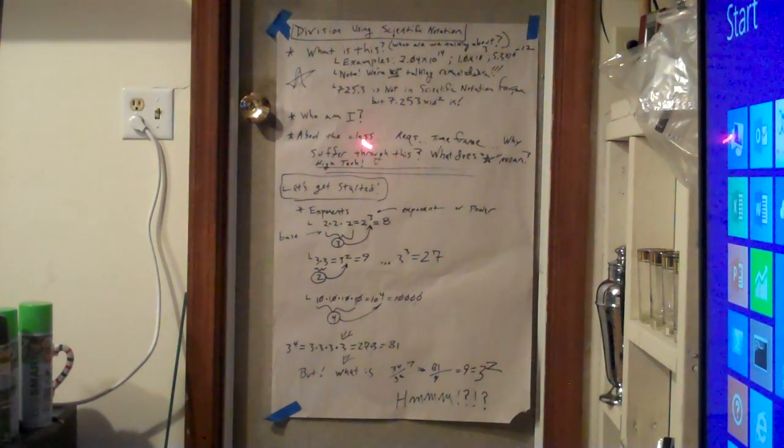So why suffer through this? The reason is pretty straightforward. If you have any interest in moving on at the college level, at the university level, with things like math, physics, chemistry, engineering, astronomy, anything like that, you're going to need this.